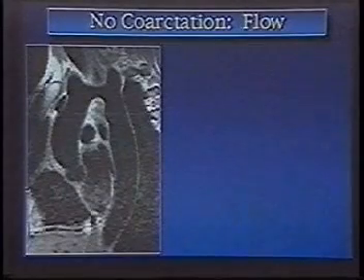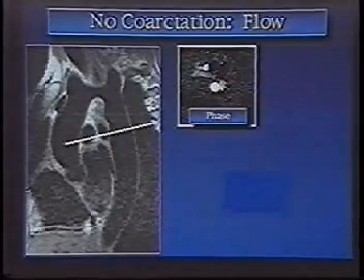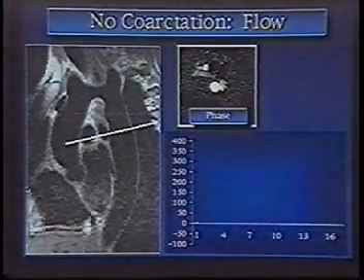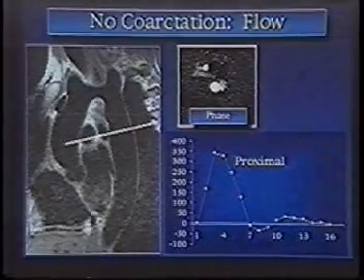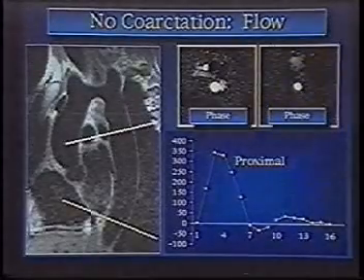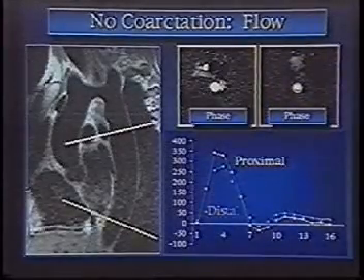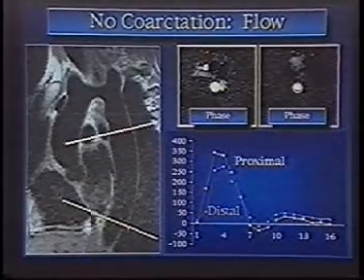So let's come back to coarctation. There's no coarctation here. If we measure blood flow in the proximal aorta, it looks like this. Sort of looks like the NASDAQ market, doesn't it? Now, compared to the distal aorta, it looks like this. It's slightly lower. So the proximal flow here is slightly greater than the distal flow.